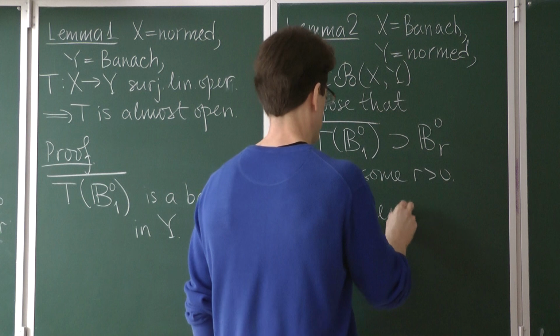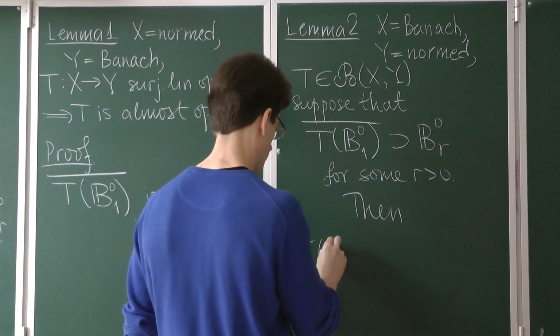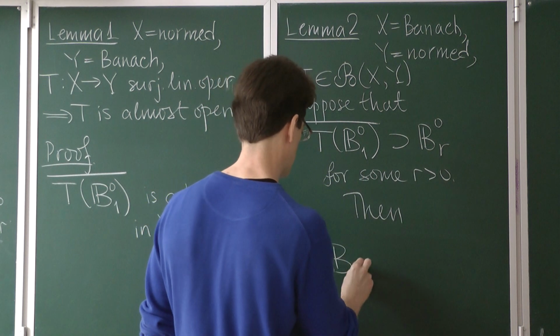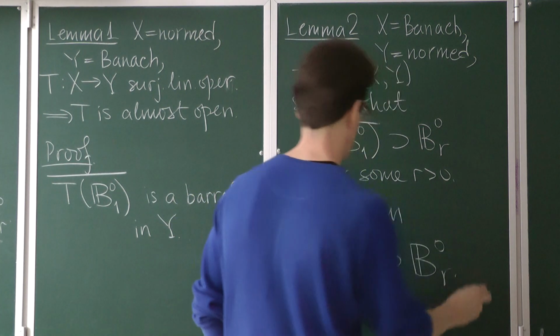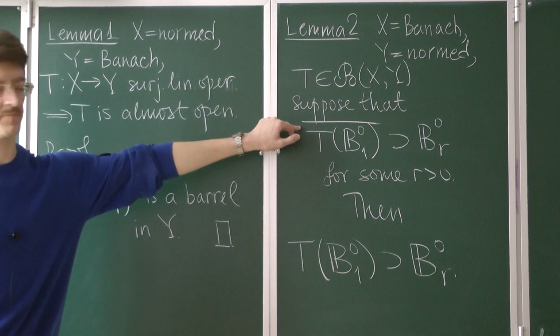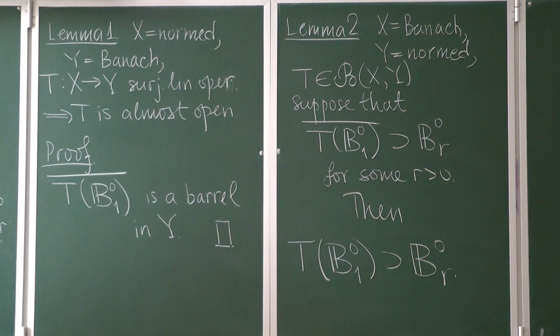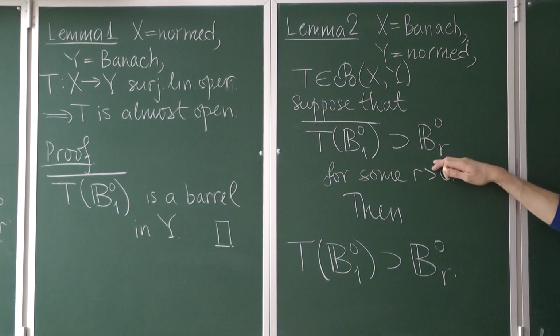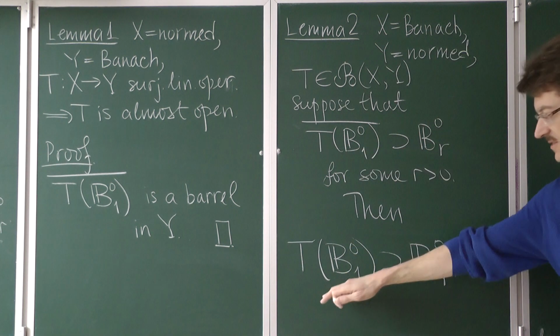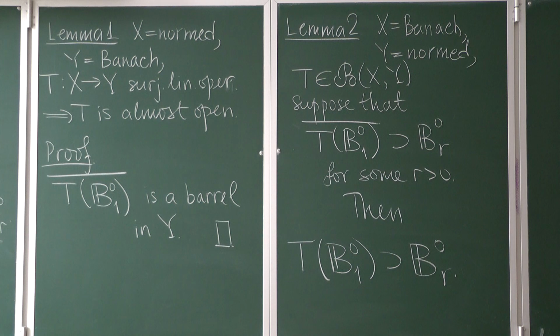I claim that we actually have a similar inclusion without taking closure here. This looks a little bit unexpected because this seems to be weaker than this inclusion, but they are actually equivalent.